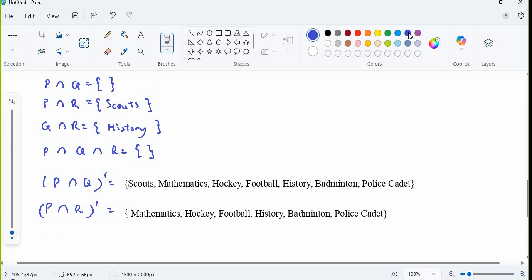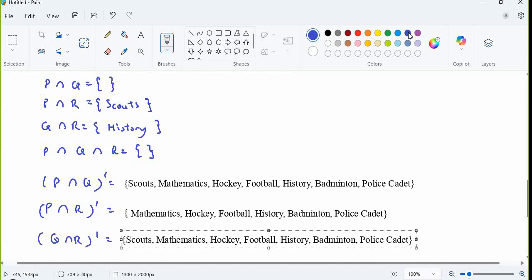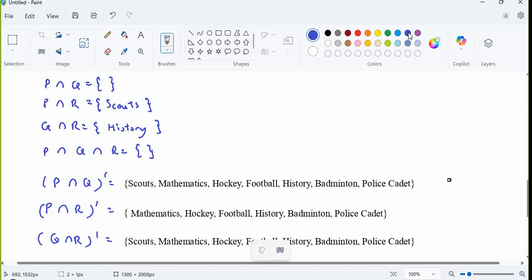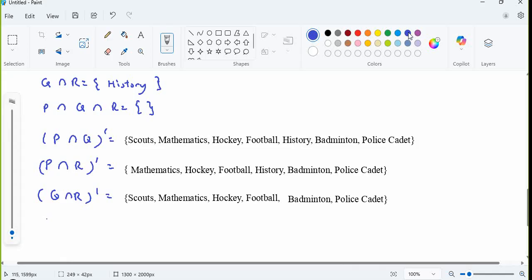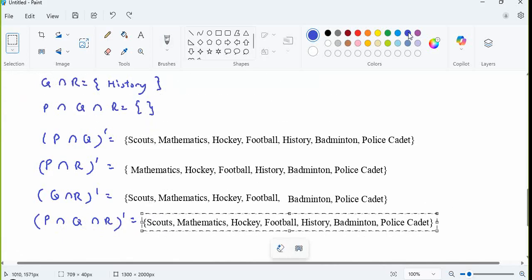And then the complement of Q and R will be this set without the history. And then the complement of this P intersect Q intersect R will be the universal set, the whole set.